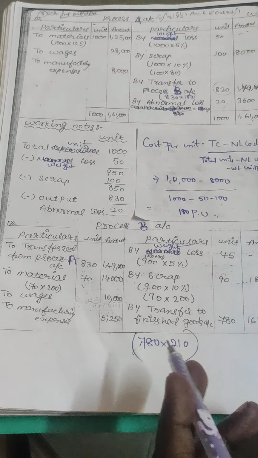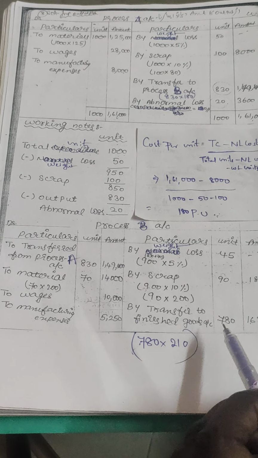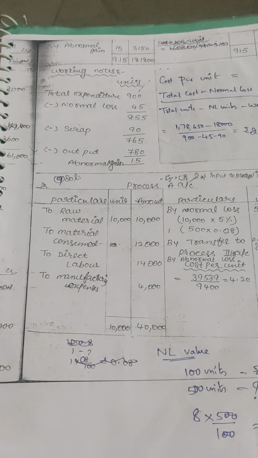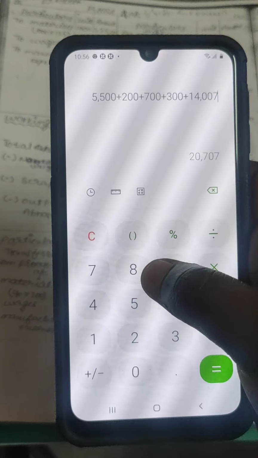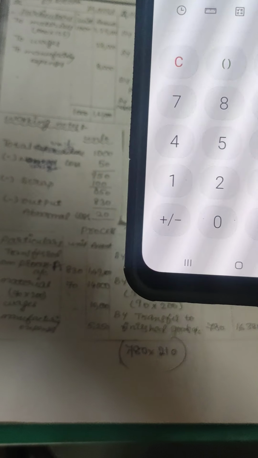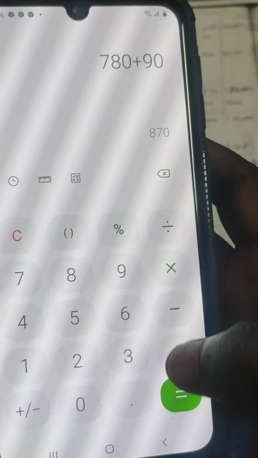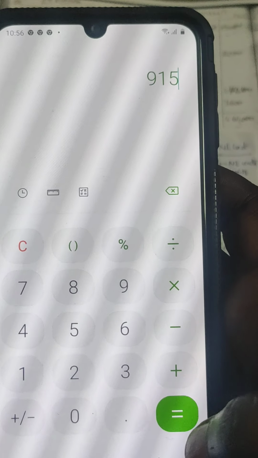So now we have to tally the units. Here it is 900, and here 780 plus 90 plus 45, it is 915.